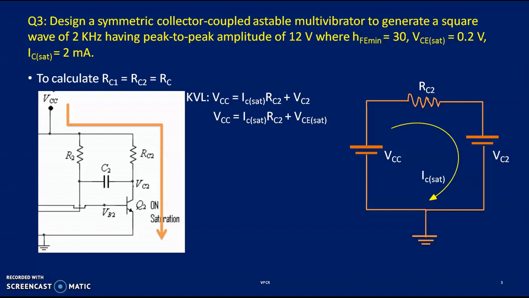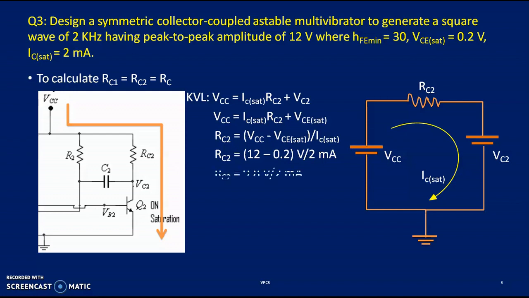That means you are calculating the saturated value between collector and emitter, that is VC sat. So now from this equation you can write down RC2. Take care of units: volts by milliamps, obviously we will get kilo ohms. So RC2 is 4.9 kilo ohms. As we discussed, as it is symmetric, RC1 equal to RC2 equal to 4.9 kilo ohms.